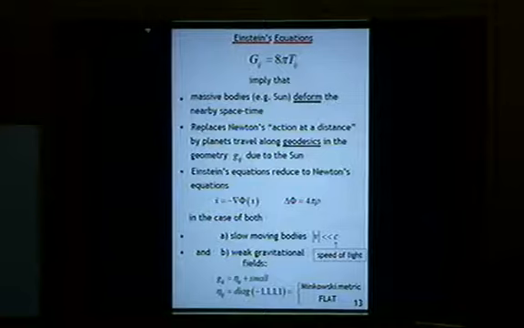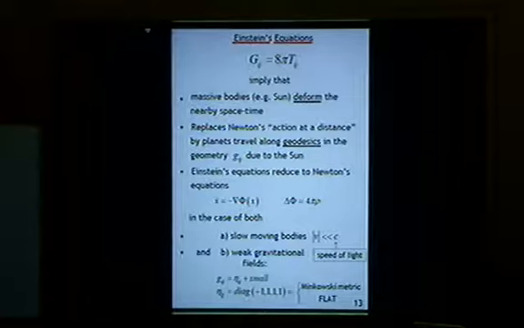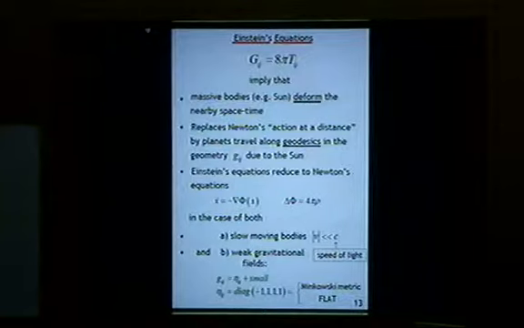The Laplacian of phi is equal to 4 pi rho, and rho is the density of matter, okay? So the matter determines the gravitational field. You put the gravitational field on the right-hand side of the first equation and solve for x. That's Newton's equations, okay?